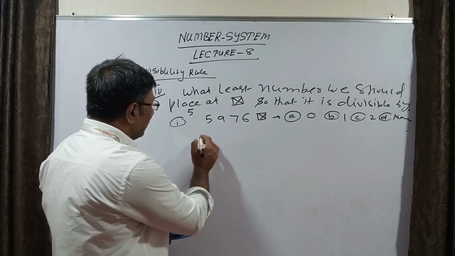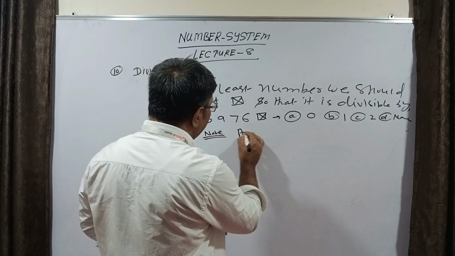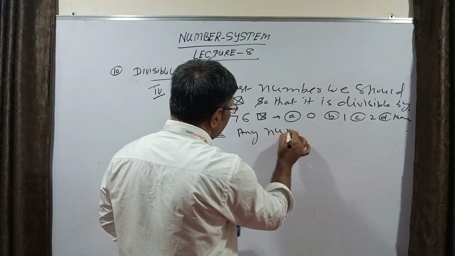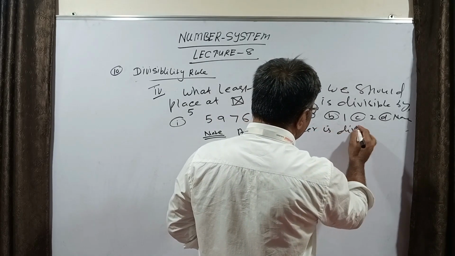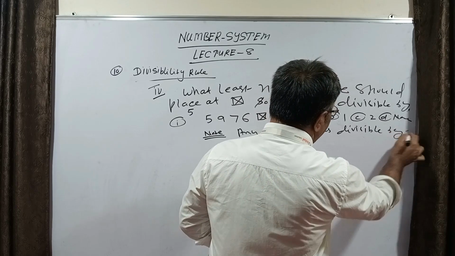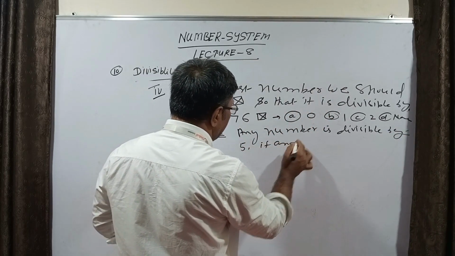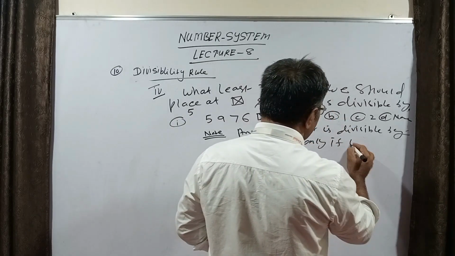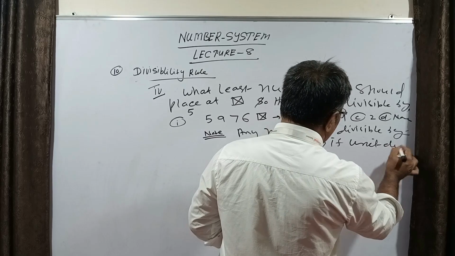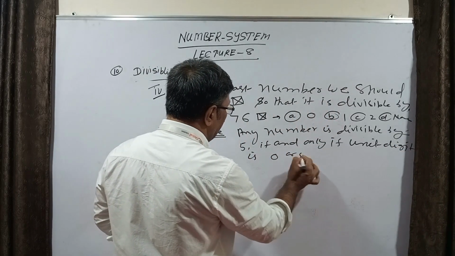So the technique is: any number is divisible by 5 if and only if its unit digit is 0 or 5.